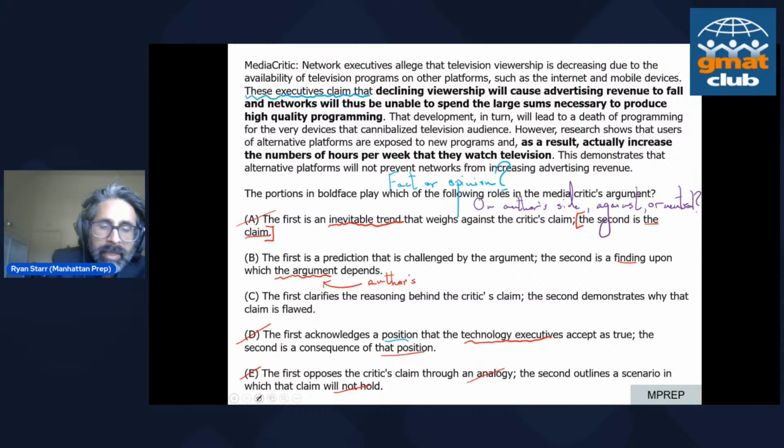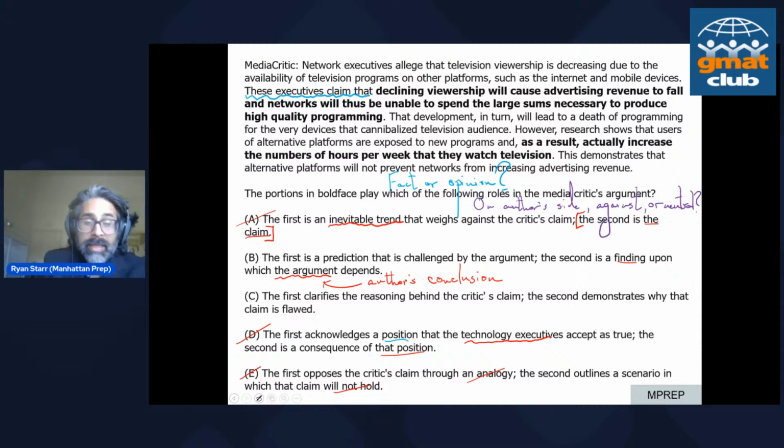The argument, the author, and the author's conclusion are all basically one and the same. So when you see something referring to the argument here, it's specifically referring to that last line, the crux of the media critic's argument, that conclusion there.